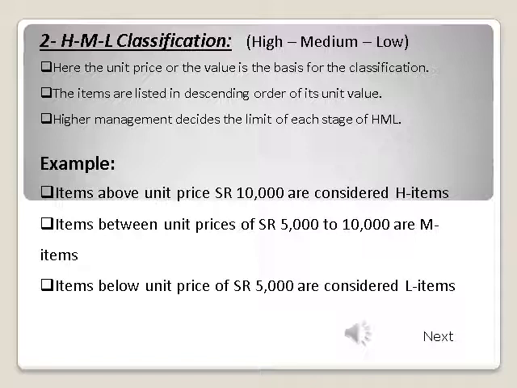In our example here, items above 10,000 SR are considered high, H items. Anything below 5,000, that means 4,999.99, is considered L items. Anything in between, from 5,000 to 10,000, are M items.